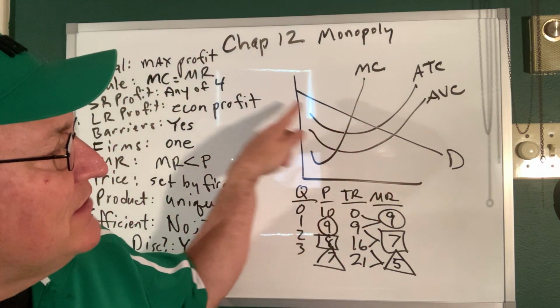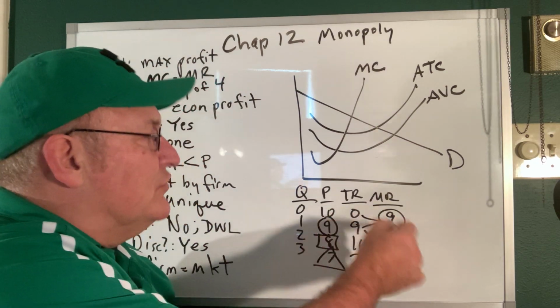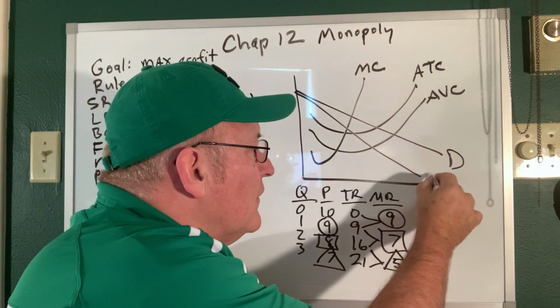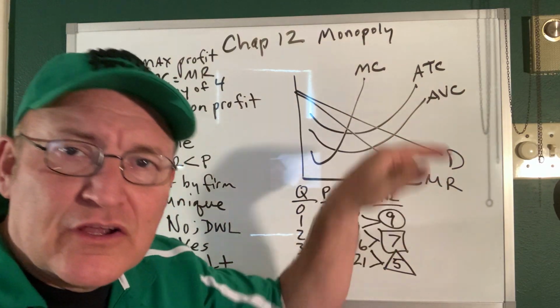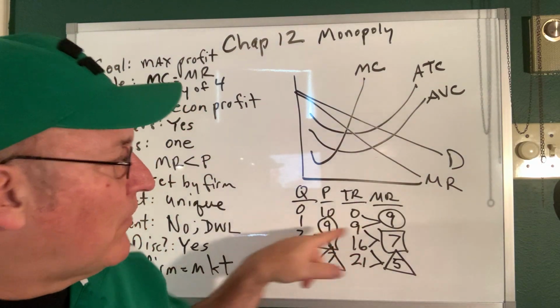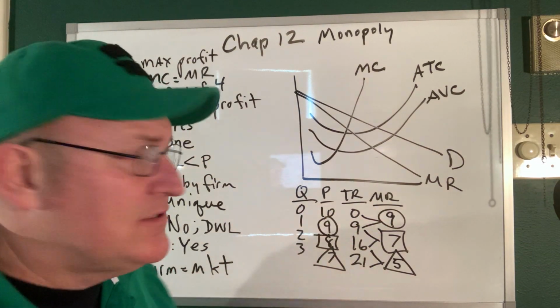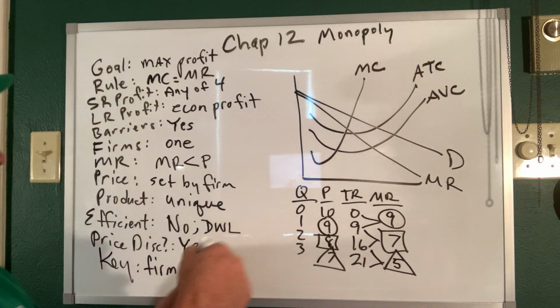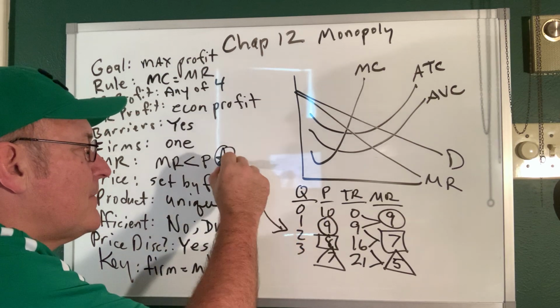Now, since the price comes off of the demand curve, the way you would draw this is that the marginal revenue curve is always going to be below the demand curve because marginal revenue is going to be below the price. And that's what I was talking about here.